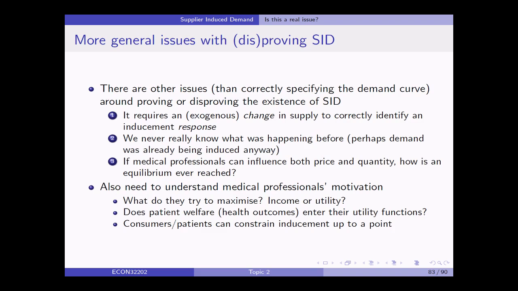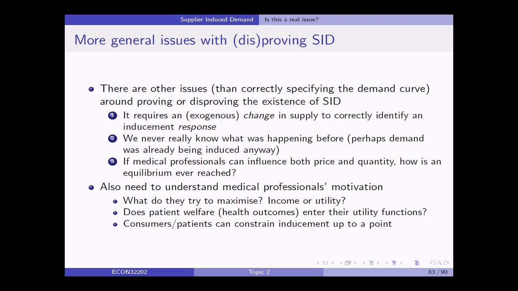And there are other issues around supplier-induced demand as well. Obviously we've said it's very hard to estimate demand curves, but even if we could, to look at supplier-induced demand in its truest form, you need an exogenous shift in supply. So you need this increase in supply to be sudden and unpredicted. Because if you can see your competitor changing their behaviour in advance, you could change your behaviour in advance.